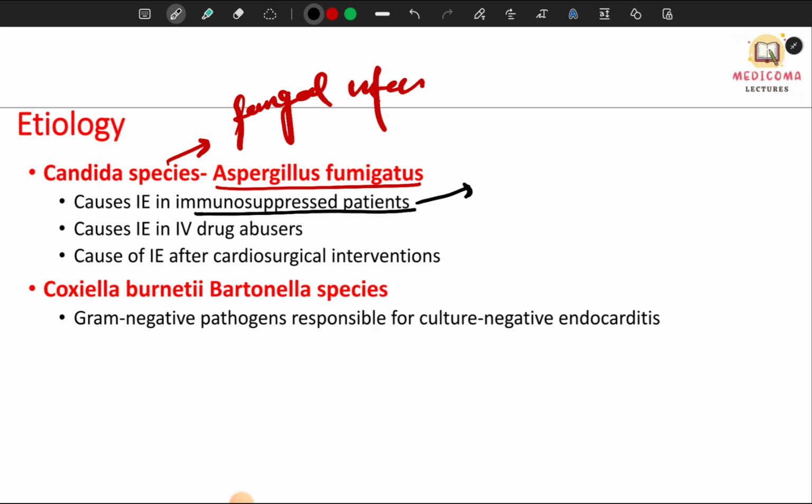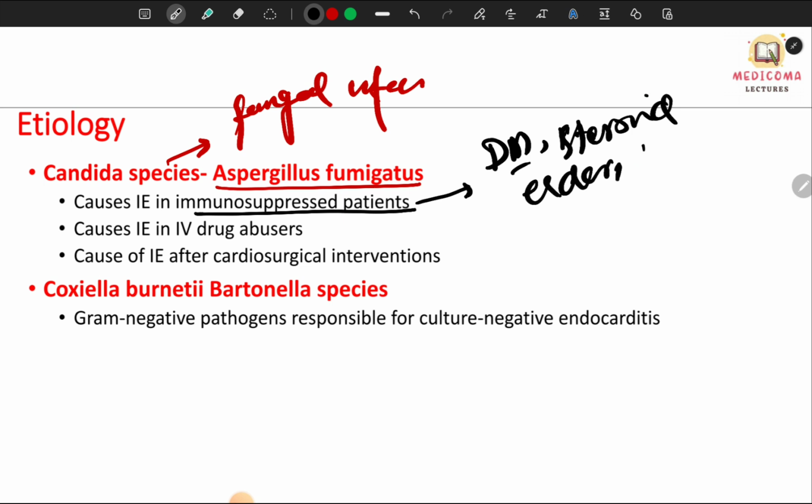Any diabetic, any immunocompromised patient who takes steroids, elderly patients, alcoholics, and children. So these are the people in which these fungi can cause infection due to their immunocompromised condition.